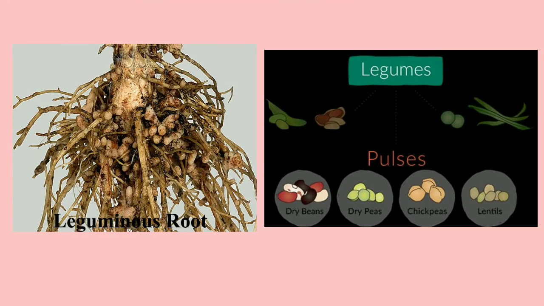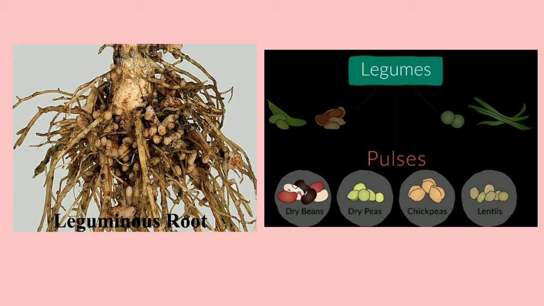Children, how do plants obtain the nitrogen necessary for the synthesis of protein? See, air contains gaseous nitrogen. However, plants cannot utilize gaseous nitrogen.